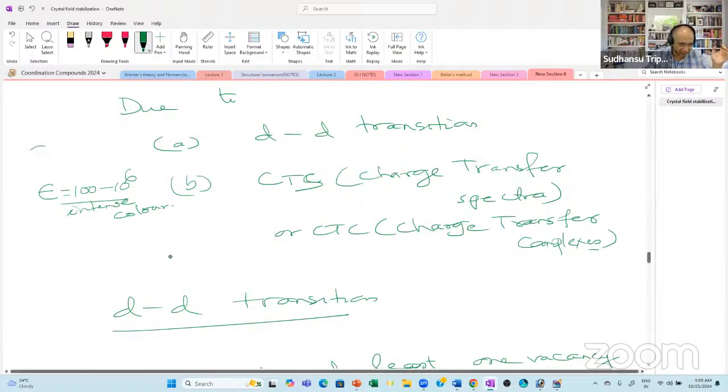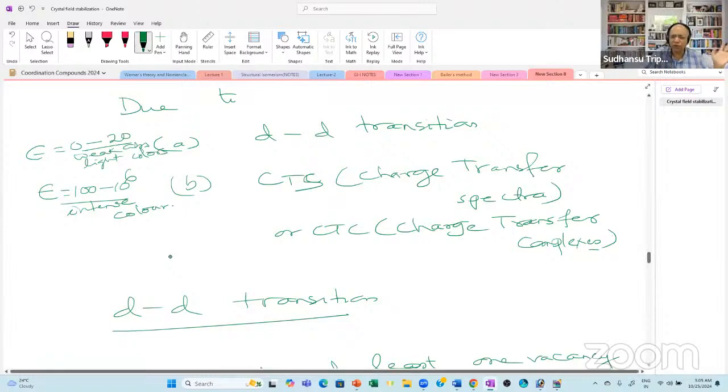And for DD transition, epsilon lies between 0 to maximum say 10, 20. Weak absorption, and hence light colors. All the colors are light.